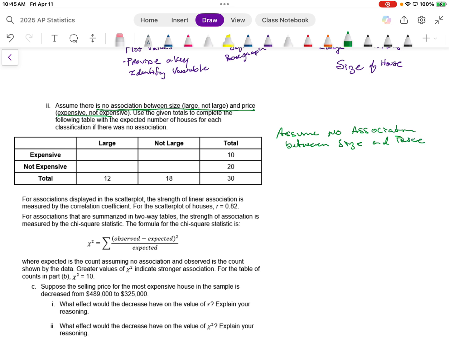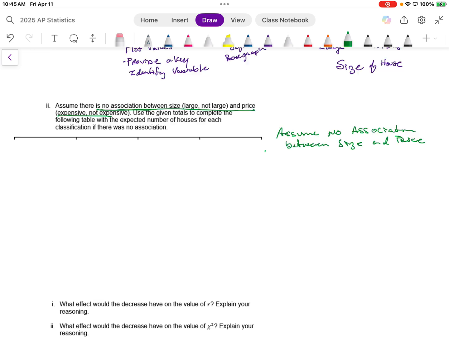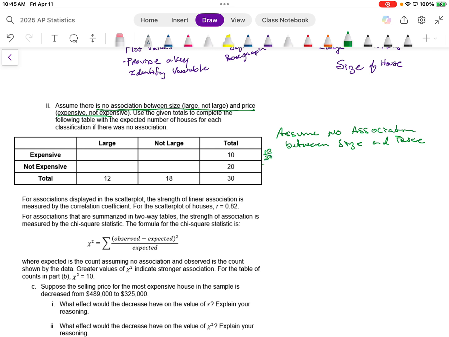So what we're going to do is take 10 divided by 30 and 20 divided by 30, and that gives us the numbers we work with. That'd be 1/3 and 2/3, 1/3 and 2/3. Then, remember, for the expected counts we multiply: what's 1/3 times 12?